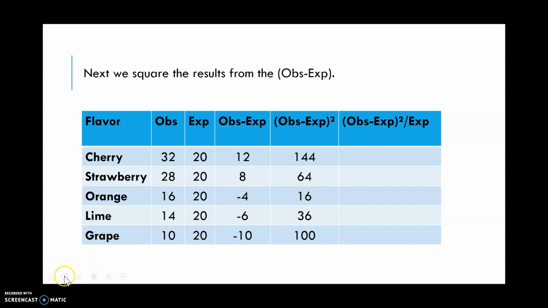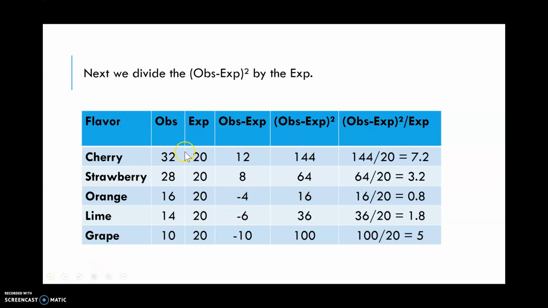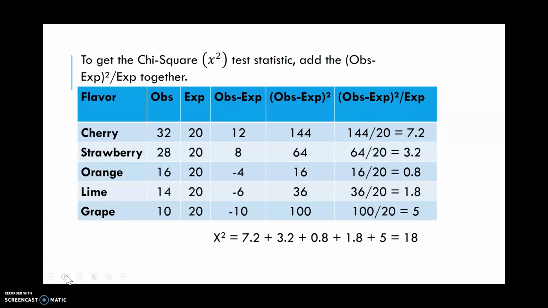And then we're going to divide each of those by our expected value of 20. So now that I have these numbers, I'm going to add them all up, and that's going to give me my chi-square. So I'm going to do 7.2 plus 3.2 plus 0.8 plus 1.8 plus 5, and that gives me 18, and that is my chi-square test statistic.